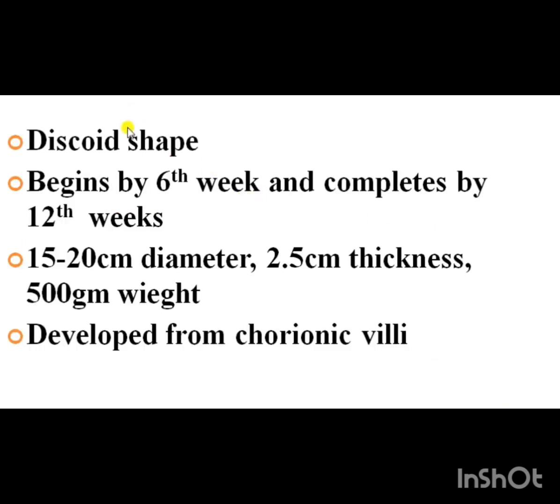At the beginning, the shape of the placenta is discoid, and at term the placenta becomes a circular disc. Placental development begins by the 6th week and completes by the 12th week. Its diameter is 15 to 20 cm, it has 2.5 cm thickness and 500 gram weight, and it is developed from chorionic villi.